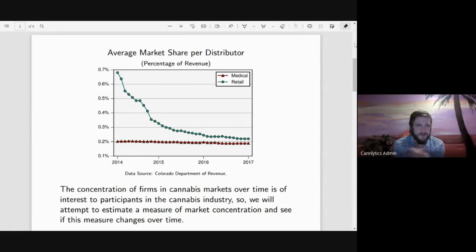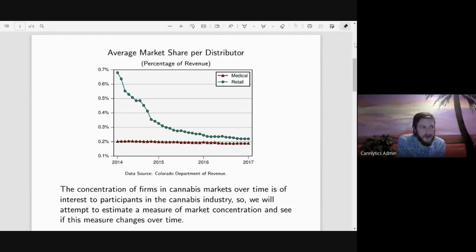Just to set the stage, we've been looking at Colorado data, and from the total revenue we have and the total number of distributors, we can calculate the average revenue per distributor just to get a gauge of what the market share may look like.